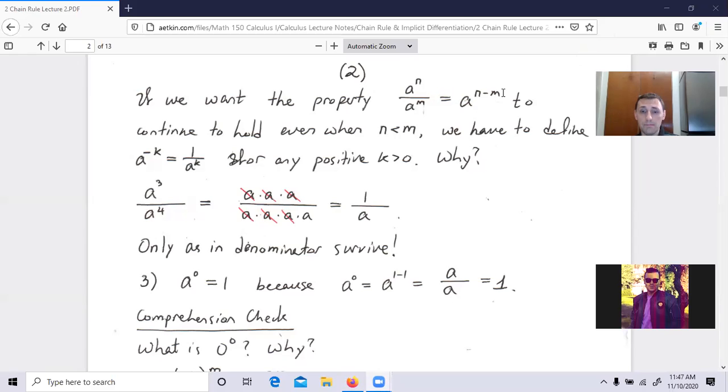Two people say 1. Steven says 0. Kelly says 0. And David says everything to the power of 0 is 1, question mark, is it 1 or undefined? You said you understood it, guys.